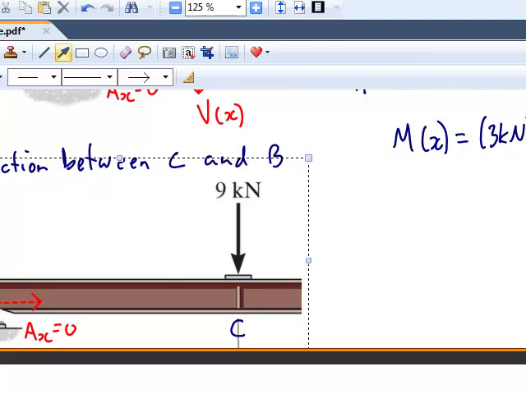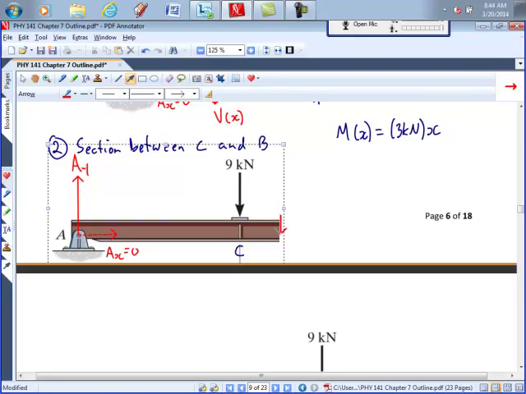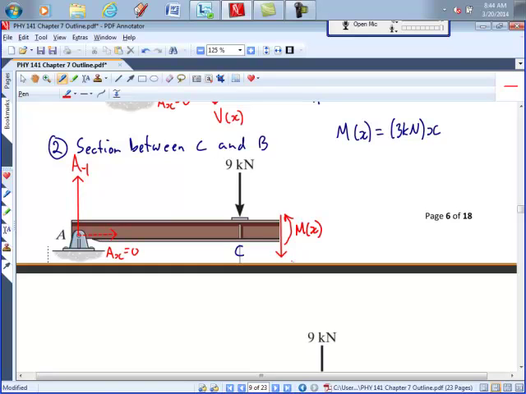All right. What do we need to add to our free body diagram of the section? Same thing as before. And again, if we're assuming that the shear force is positive, it would be down. If we're assuming that the bending moment is positive, it would be counterclockwise. And we're going to find those the same way we did before.